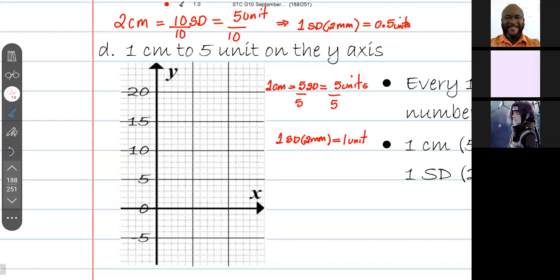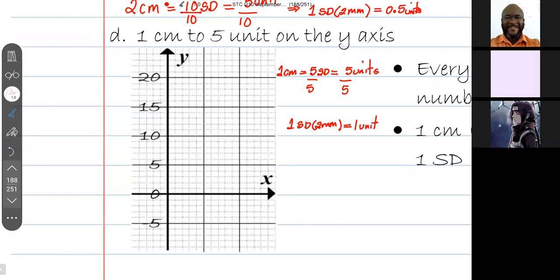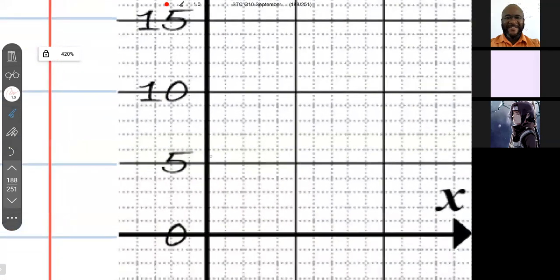So what that means is that we are at, let us say, 0, then 1, 2, 3, 4, 5, 6, 7, 8, 9, 10. So each of the small divisions is representing 1 unit.